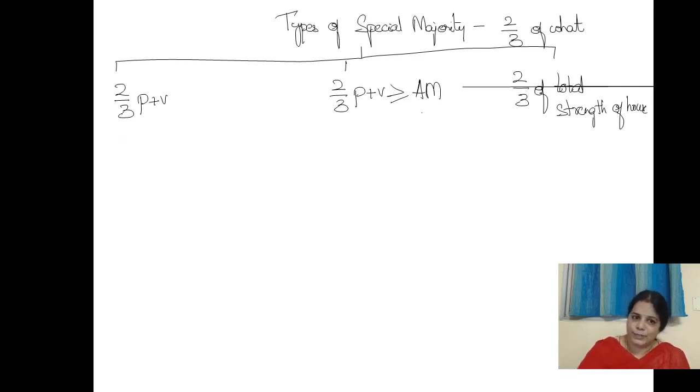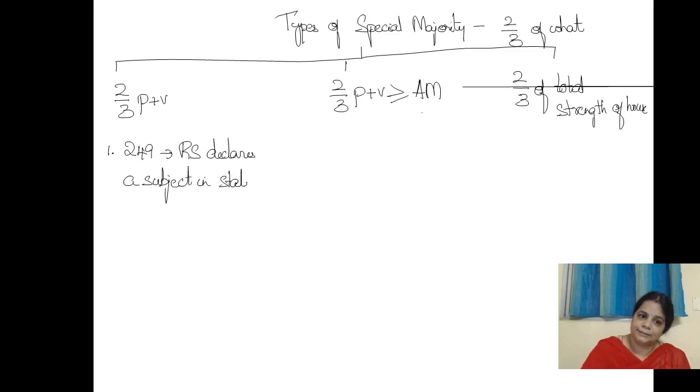Now, where do we use them? 2/3 present and voting is used for two purposes. One is under Article 249, where Rajya Sabha declares a subject in the State List as a subject of national importance.